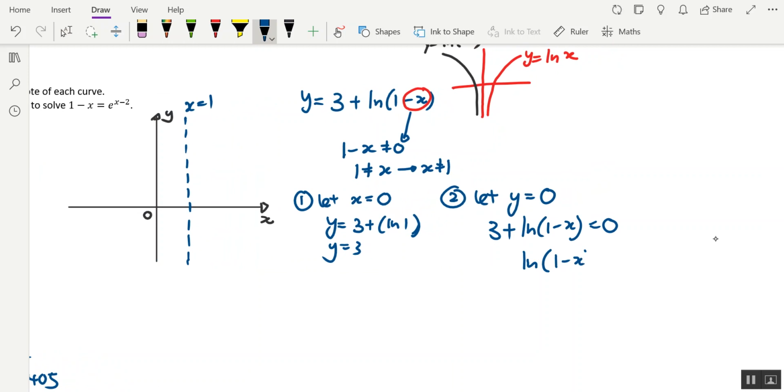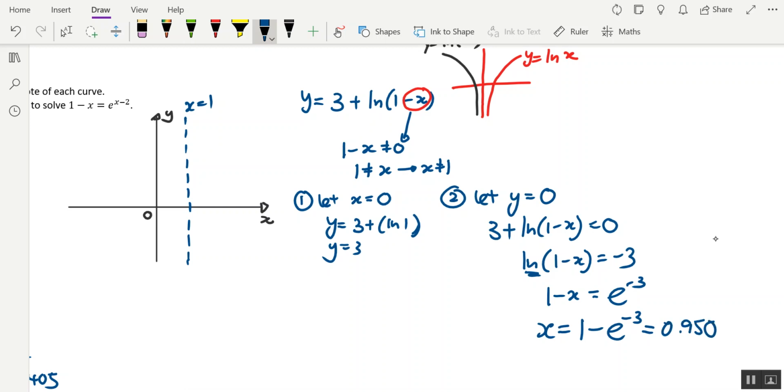Ln (1 minus x) equals negative 3. The opposite of ln, when you bring it over, is e to the power of negative 3. So if you make x the subject, x equals 1 minus e power negative 3. Key this whole thing into your calculator, and that will give you 0.950.